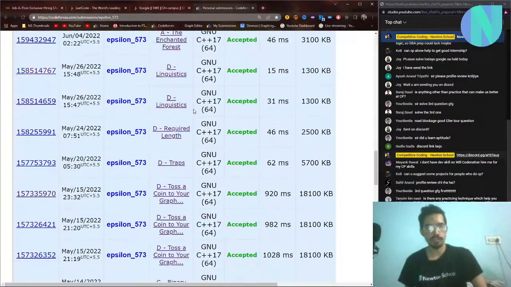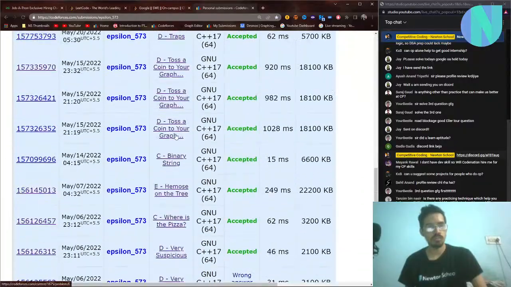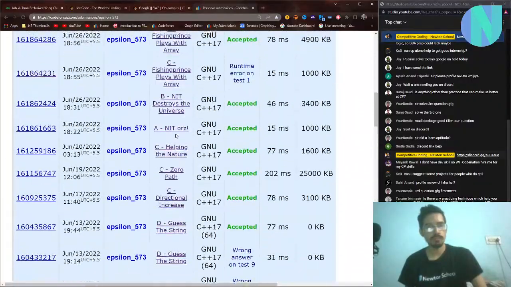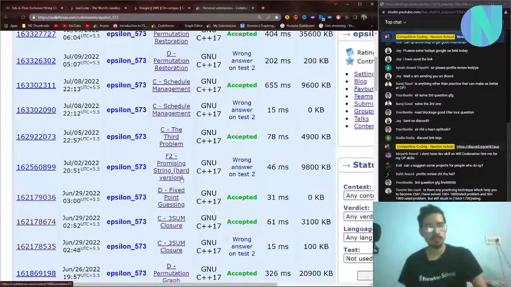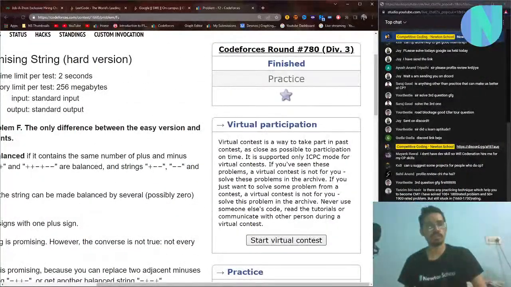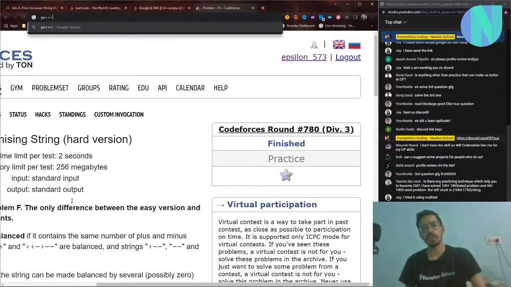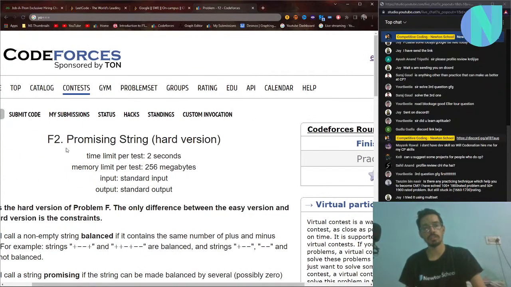I solved it recently because someone asked me in a comment. Yeah, here it is, F2 Promising String. It was from round 780. So if you see my video on YouTube for round 780, and look at problem F2, you should be able to see this approach.